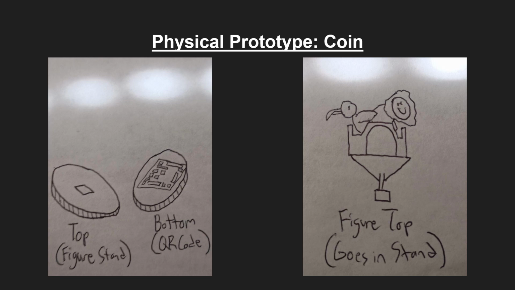As for the figures, how big they can be simply depends on where it's placed and the weight. So figures can be quite a bit taller than the coin, but they can't necessarily be massive. And they can represent anything from that memory.